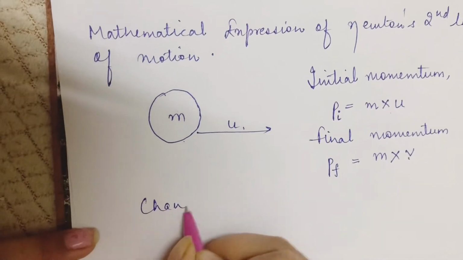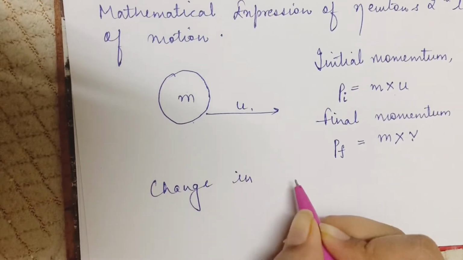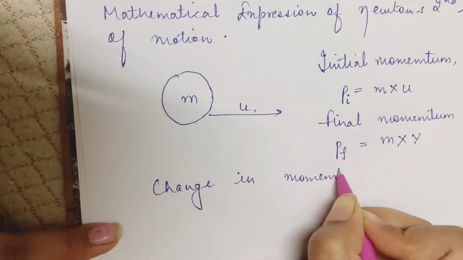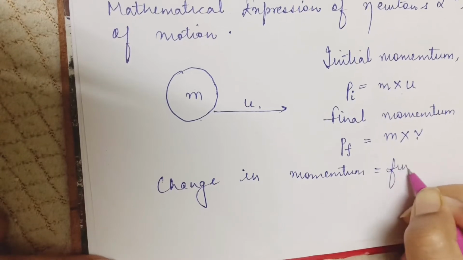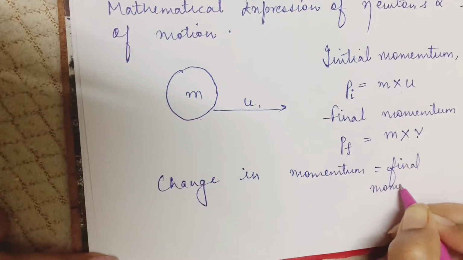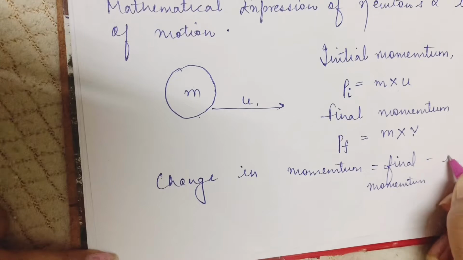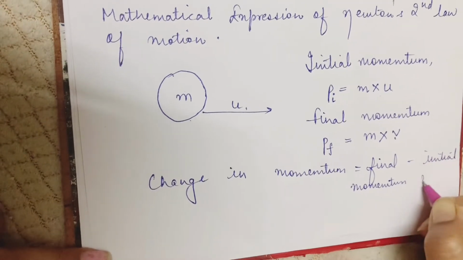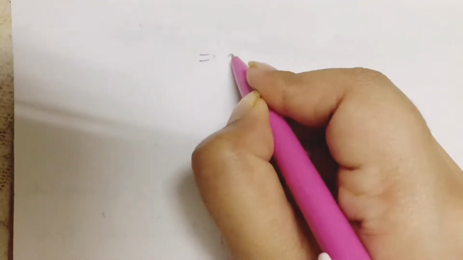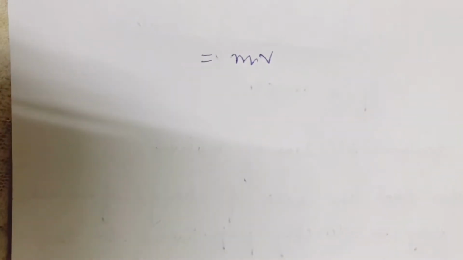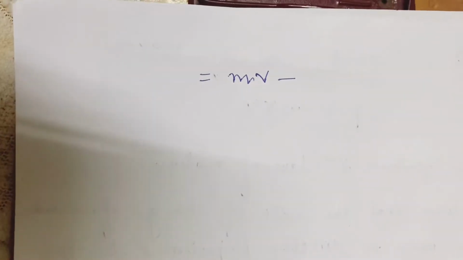So then what will be the change in momentum? Change in momentum will be equal to final momentum minus initial momentum, right? So what is final momentum? We discussed that final momentum is equal to m into v, minus initial momentum.